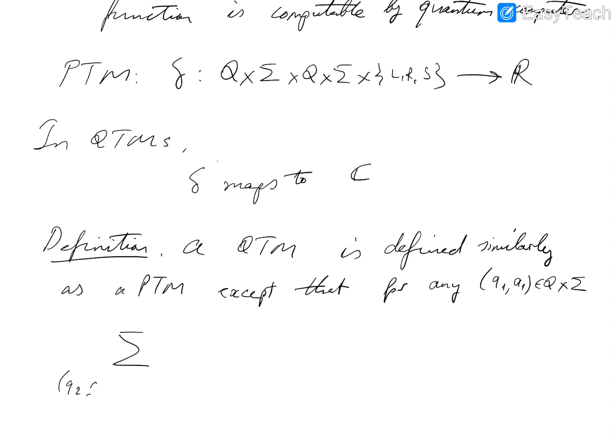So, summing over Q2, A2, direction, an element of Q times sigma times left, right, stationary, the modulus square of delta(Q1, A1, Q2, A2, D) is equal to 1.